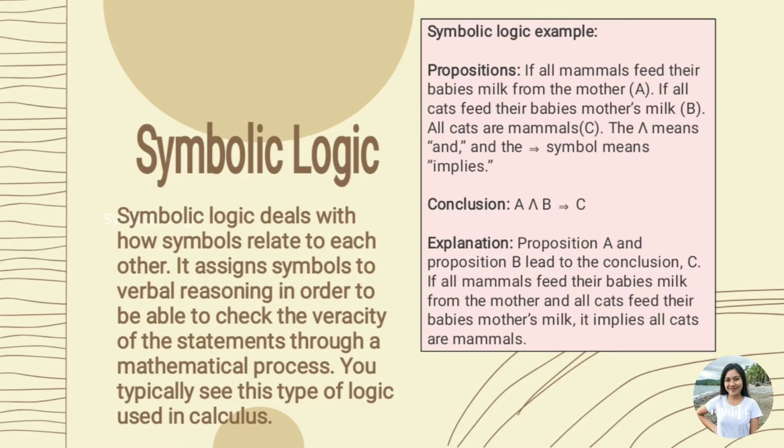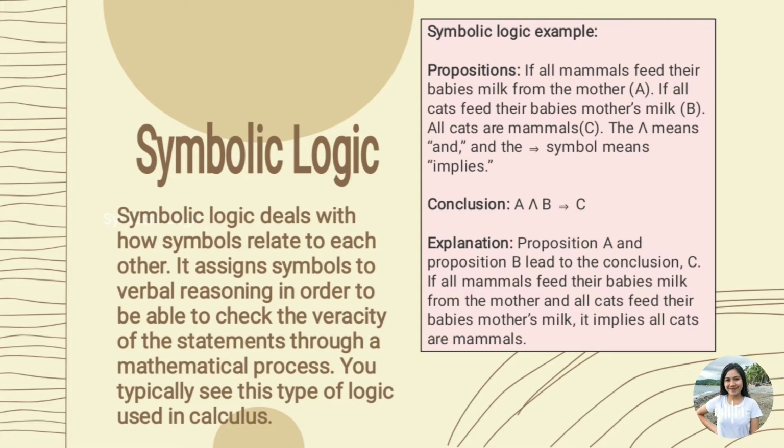Symbolic logic example. Propositions. If all mammals feed their babies milk from the mother, A. If all cats feed their babies mother's milk, B. All cats are mammals, C. The symbol means implies.